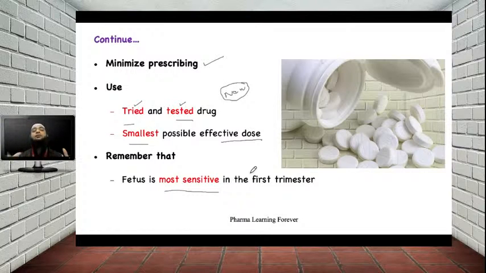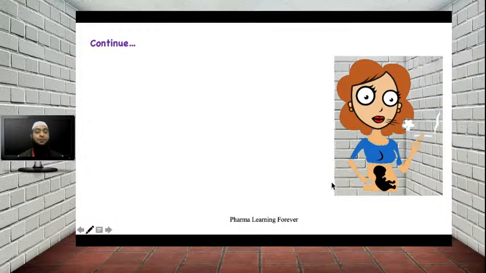Okay, so the fetus is most sensitive in the first trimester. So during the first three months of the pregnancy, which is called the trimester, you must avoid medicine to the pregnant woman. You must give only essential medicine to the woman wherever required, because the fetus is most sensitive in the first trimester of the pregnancy.